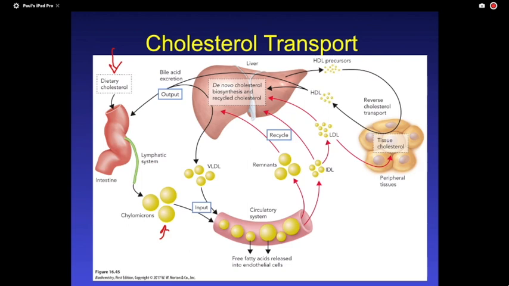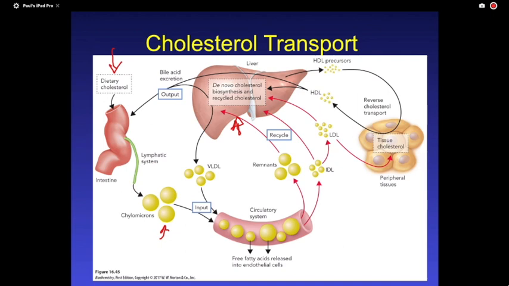That tends to go into the circulatory system, and it heads to the liver. Now, those can deliver free fats and free cholesterol to tissues, but it's not very efficient. Most of the fats and cholesterols head back to the liver.